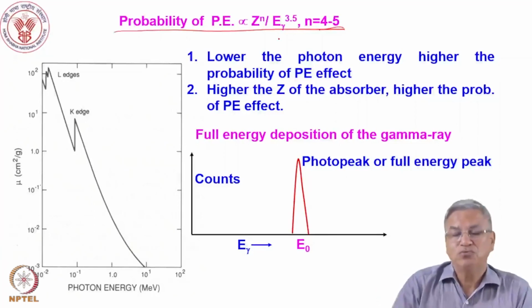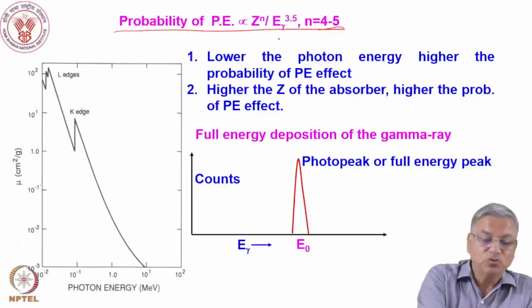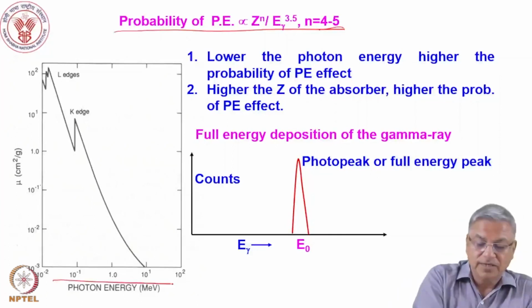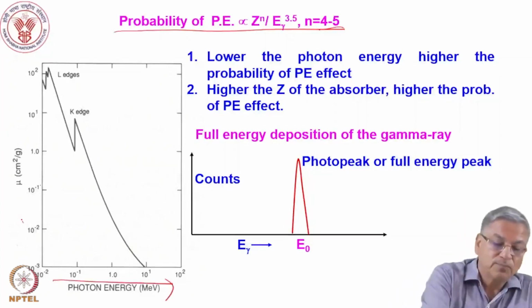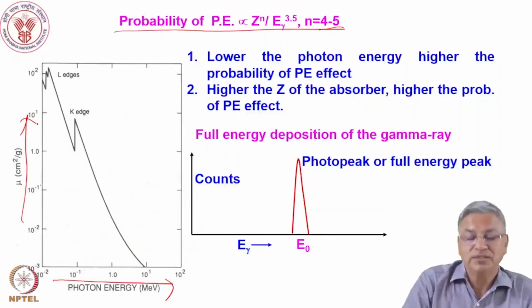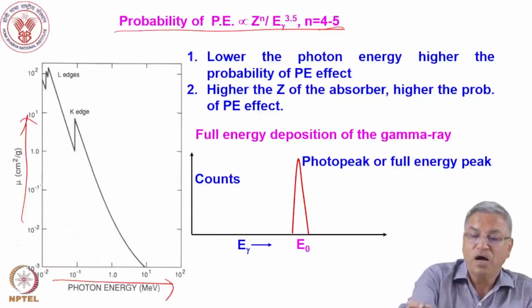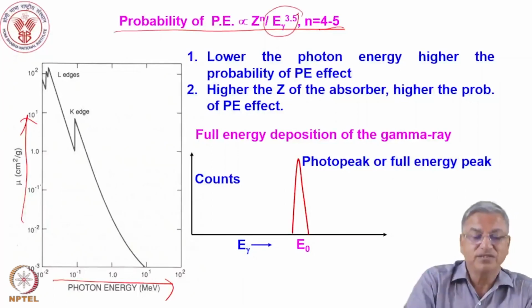But the point to note is that the probability of the photoelectric effect is very dependent upon Z. The higher the Z, the higher the cross section, and the lower the energy, the higher the probability. I have shown here, as a function of photon energy, the attenuation coefficient for the photoelectric effect. It comes down with energy. So the higher the energy, the lower the probability, for a particular atomic number.